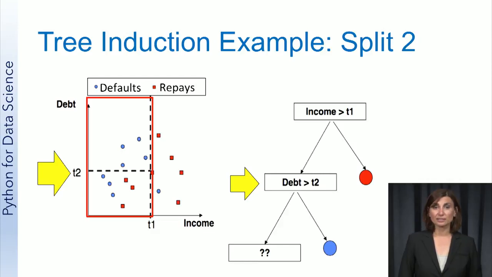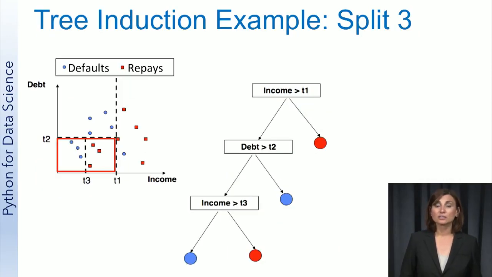This is represented in the decision tree on the right with the addition of the node with condition depth greater than T2. Samples with a value for depth greater than T2 are shown in the region above the decision boundary. This region contains all blue samples, and so the corresponding node is labeled blue, meaning that the loan applicant is not likely to repay the loan.